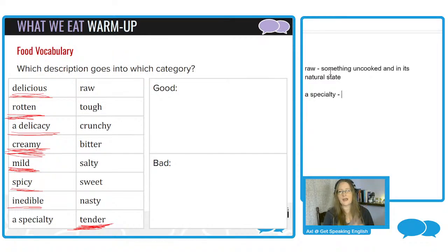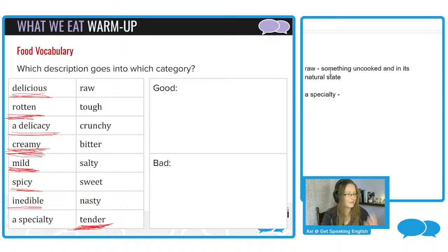So a specialty comes up in two main ways, maybe. On one hand, you might ask somebody, what's your specialty, to say, what is the best thing you know how to cook.